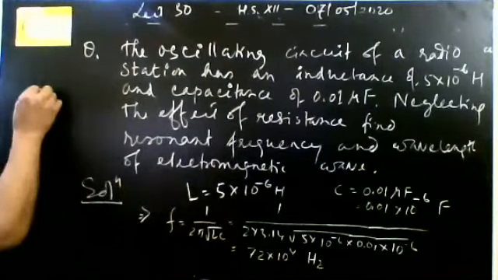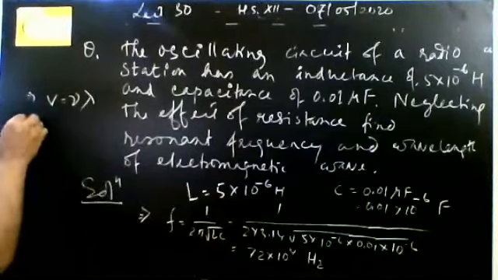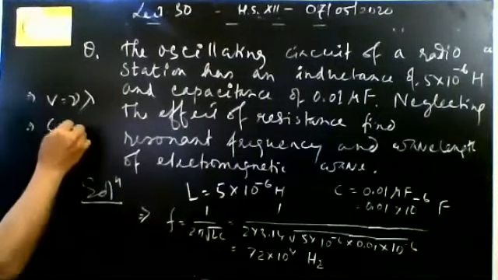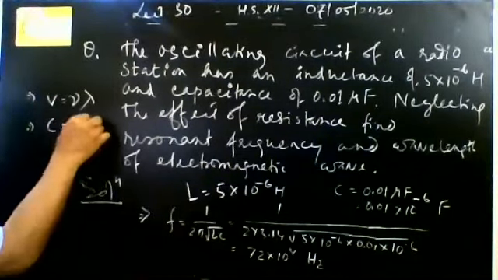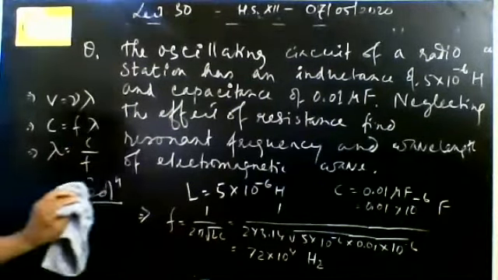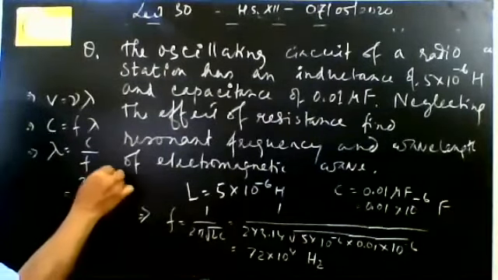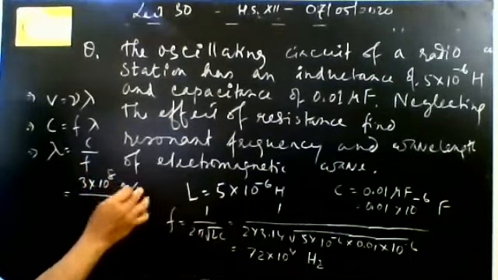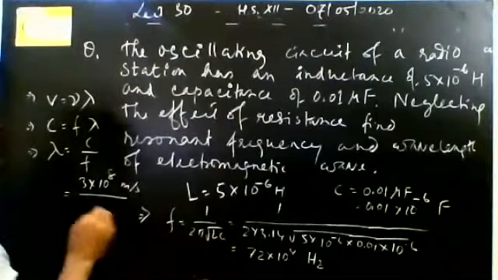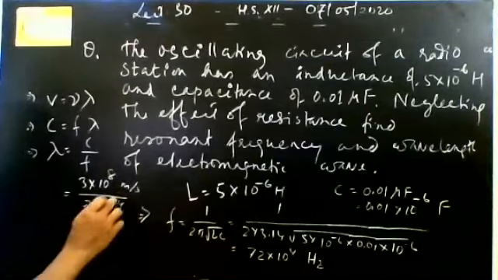The next problem. V, as you know, V is equal to nu lambda. So nu is what? Frequency. V is equal to C here. Frequency is F here, lambda. So you are asked to find out lambda. So C by F. How will you find out C by F? C is equal to 3 into 10 to the power 8 meter per second. Okay. So F is equal to 72 into 10 to the power 4. Right?